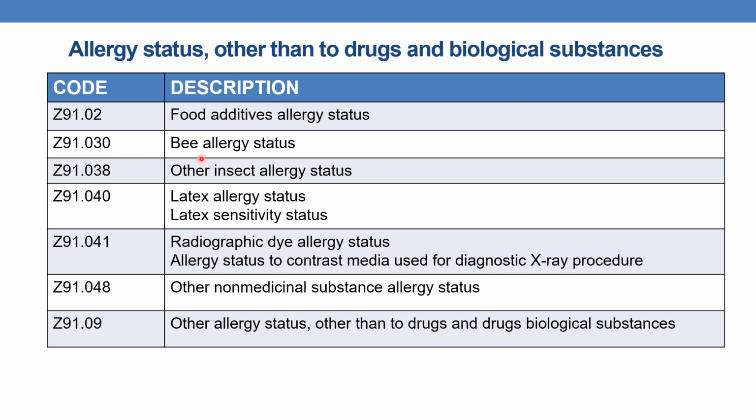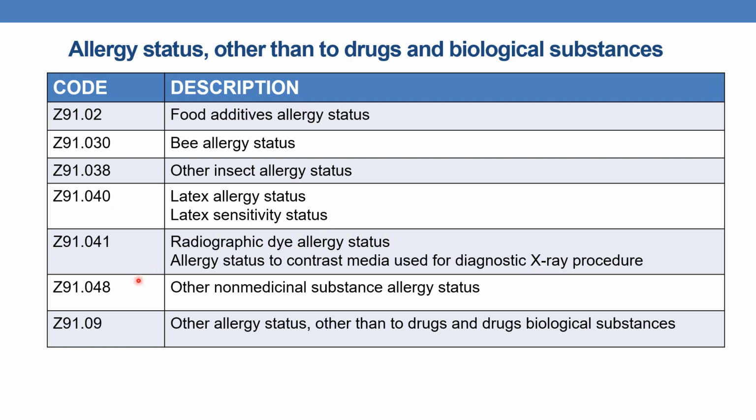Z91.030 indicates bee allergy status. And Z91.038 indicates other insect allergy status. And Z91.040 indicates latex allergy status or latex sensitivity status. The next is Z91.041 indicates radiographic dye allergy status or allergy status to contrast media used for diagnostic X-ray procedure.